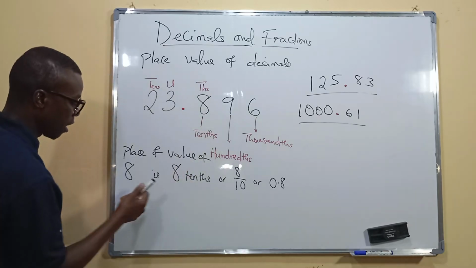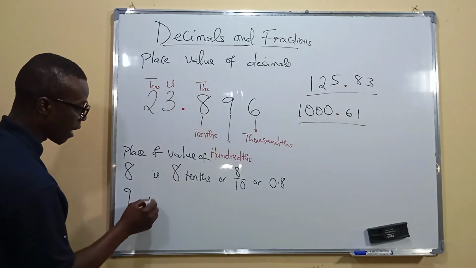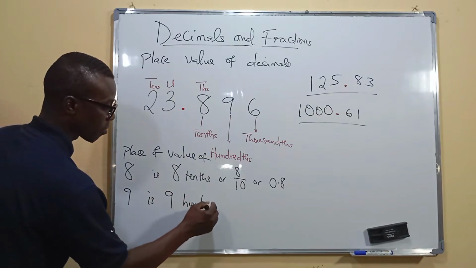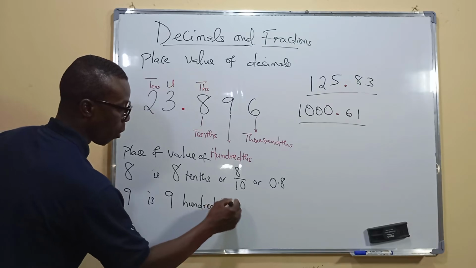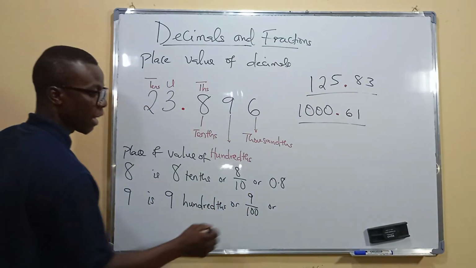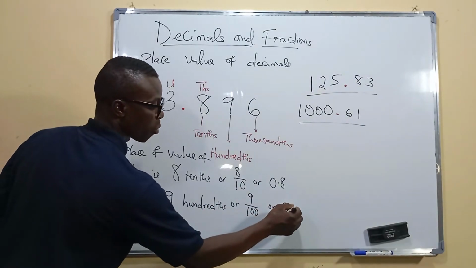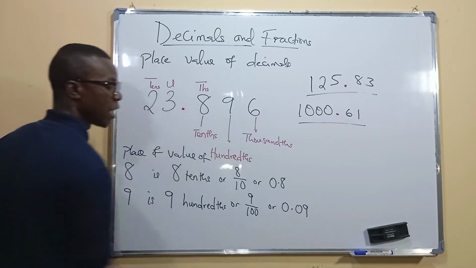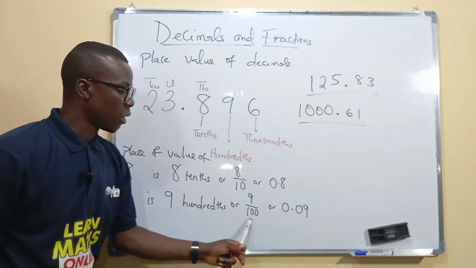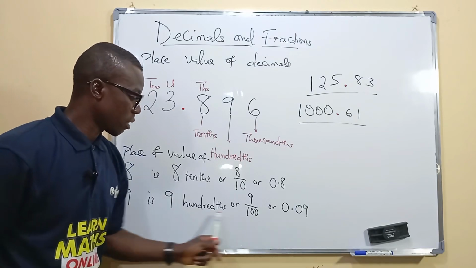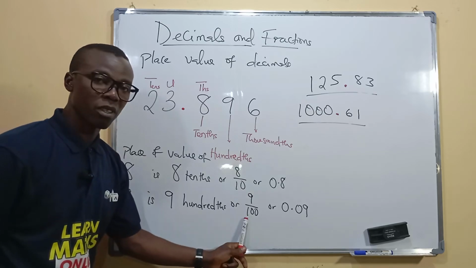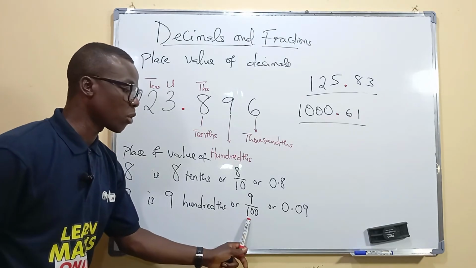Then we have the place value of 9 is 9 hundredths, or 9 over 100. Or again, you can see we have 0.09. Now you can see that this is quite easy to relate. 900, that's 9 over 100, 9 out of 100.